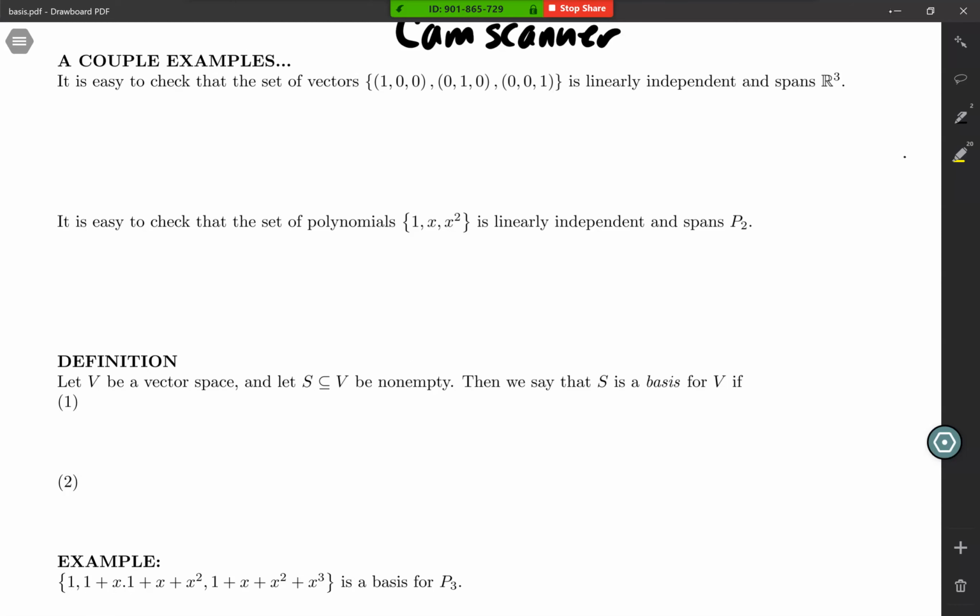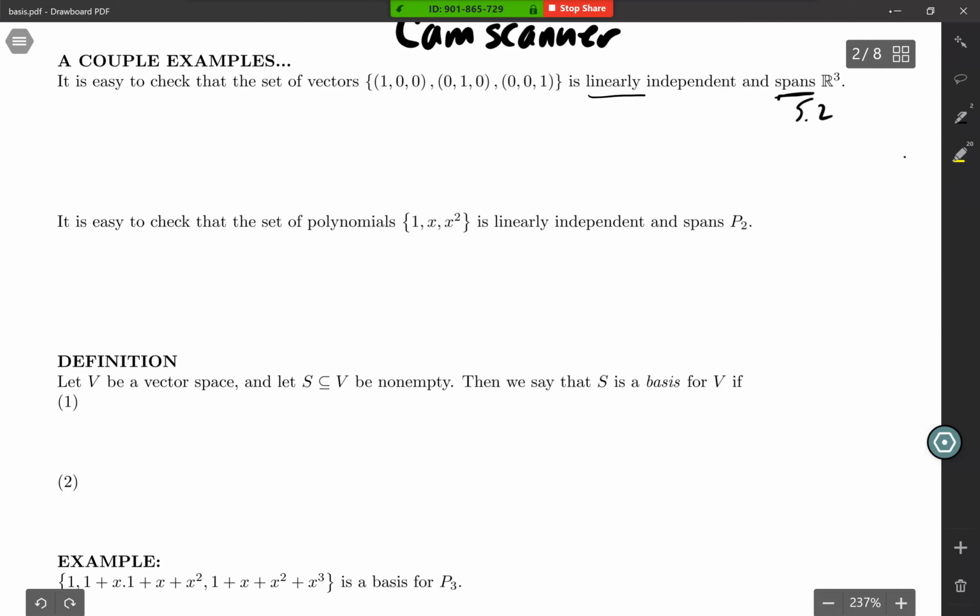So I sent out that file yesterday with some notes here that we're going to go through for section 5.4. Just to do a couple of easy examples, and this is just stuff that we've talked about in previous sections. We talked about span back in section 5.2.